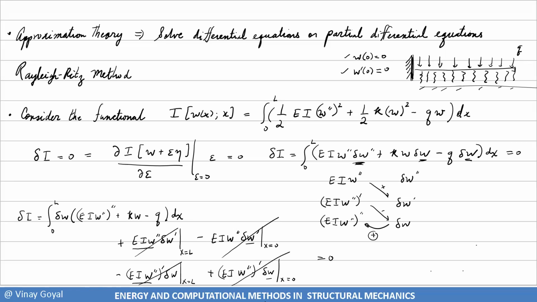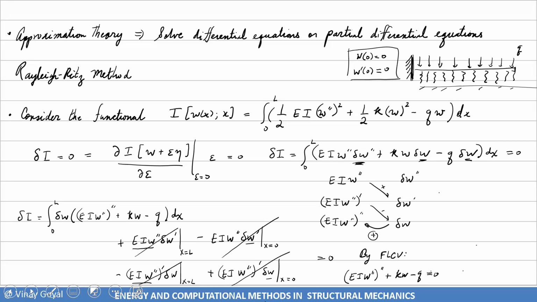And so by the fundamental lemma of calculus of variations, the governing equation becomes EI W fourth derivative plus K W minus Q equals 0. And the boundary conditions are given on the left hand side, these are the boundary conditions.